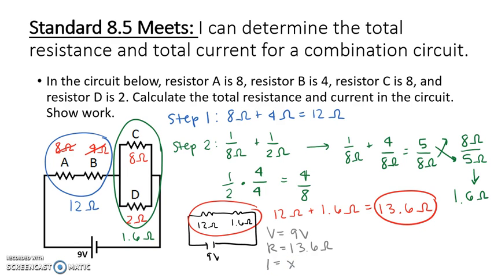If you think back to a previous problem we did for standard 8.4, when we needed to rearrange, we found that I is equal to V over R. I is equal to 9 volts divided by 13.6 ohms. I is equal to 0.67 amps. I'll abbreviate that with a capital A. You've now solved for your total resistance and for your total current.